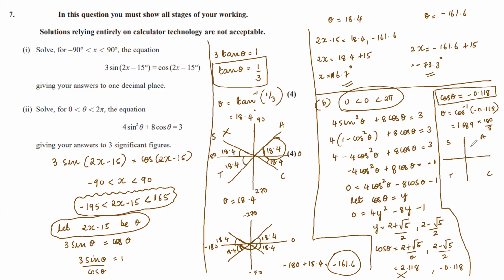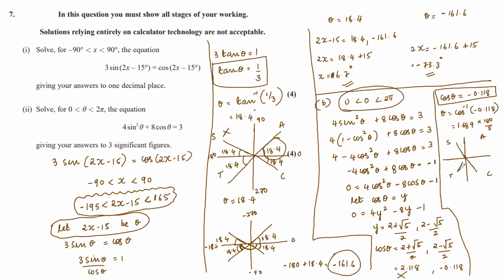So that is not an acute angle. If you want to use the CAST diagram, we should always get an angle that is acute. So this particular angle 1.689 in radians is more than 90 degrees. That is 96. You have this is 90, this is 1.689, but we need an acute angle.